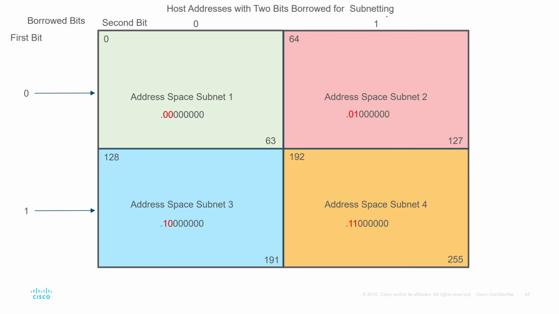So now I have 4 equal sized groups of approximately 62 addresses each. The first one, 0 is the network, so 1 is the first, going to 62, which is the last, 63 being the broadcast. So now we have some smaller groups, but again, each group is the same size.